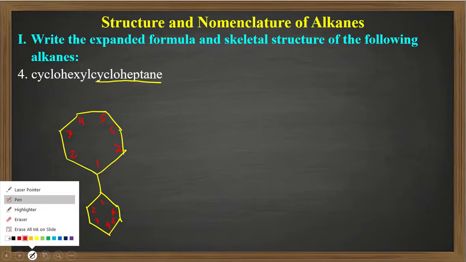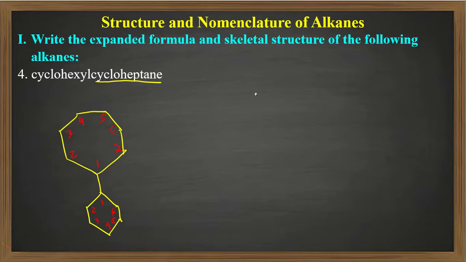How about its expanded formula? The same lang yapon yung ginawa natin kanina. So we have 1, 2, 3, 4. Okay, let me adjust that one. So we have here 4, 5, 6, 7. So let's connect them first. Ayan. Connect natin yung mga carbon atoms natin.